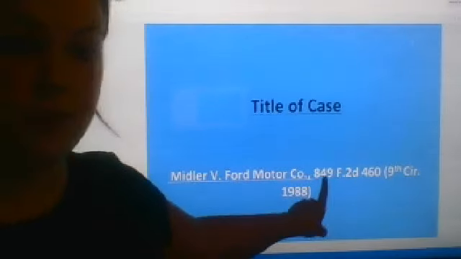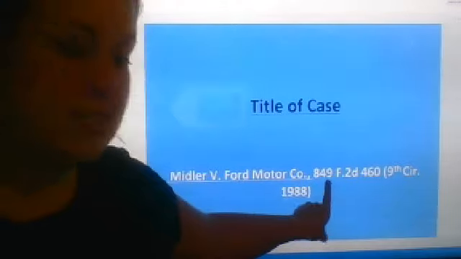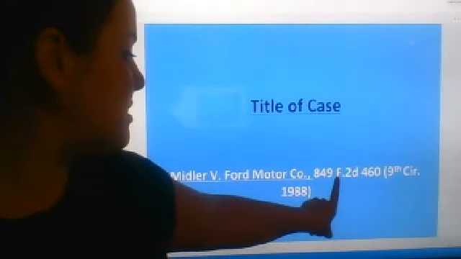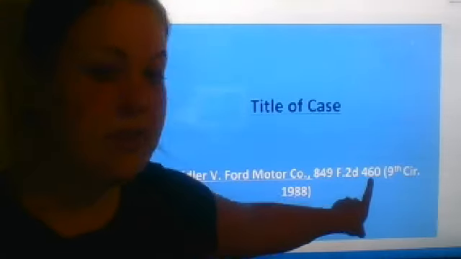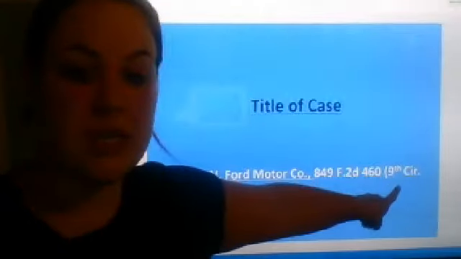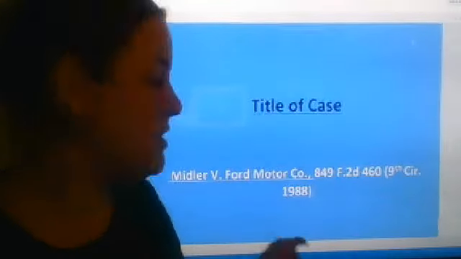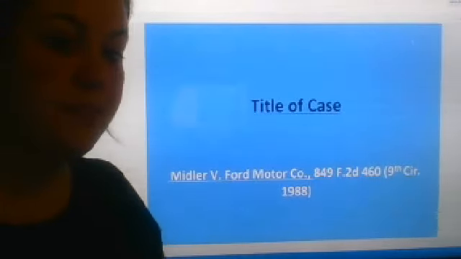After that, this is the book. This is what volume of a book you can find this case in, and this is the Federal Reporter 2nd edition, and this will be the page number that it's found in. The Ninth Circuit is the court that it was held in, and this is the year that the trial happened.